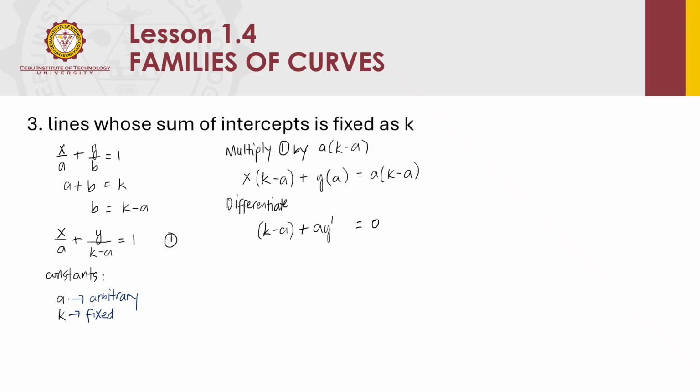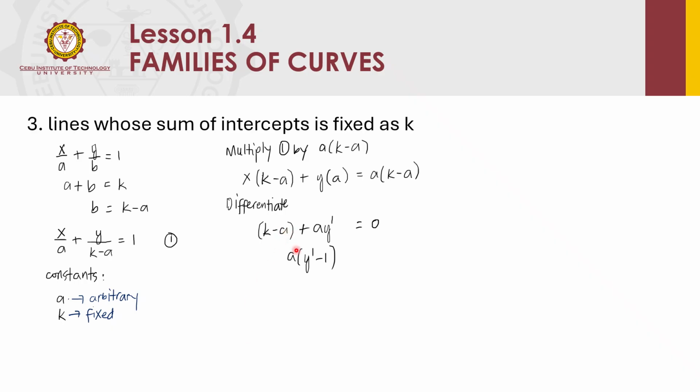And we still have the arbitrary constant a here, so we can isolate them. So we have a times, that's y prime minus 1, right? So this is negative 1 times a.